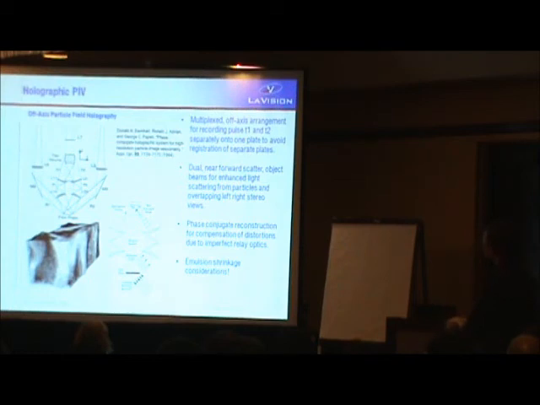In addition to this, they're using a multiplex off-axis arrangement. That means that you've got laser pulse 1 and laser pulse 2, both recorded onto the same holographic plate. And at the time of reconstruction, you can switch on one by illuminating with the appropriate reference beam, switch that one off, and then switch on 2.